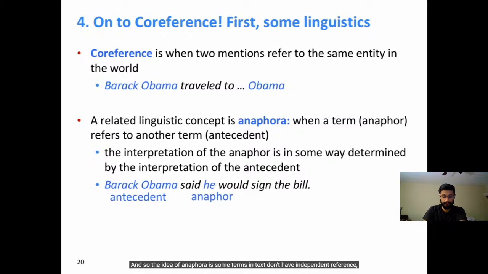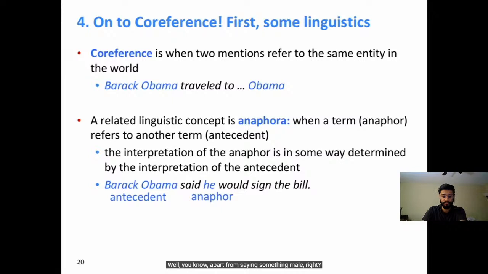And so the idea of anaphora is some terms in text don't have independent reference, and you work out their reference by relating them back to another thing in the text. So if we have the sentence, Barack Obama said he would sign the bill, he is an anaphor. And if I just say he, what does he refer to in the abstract?